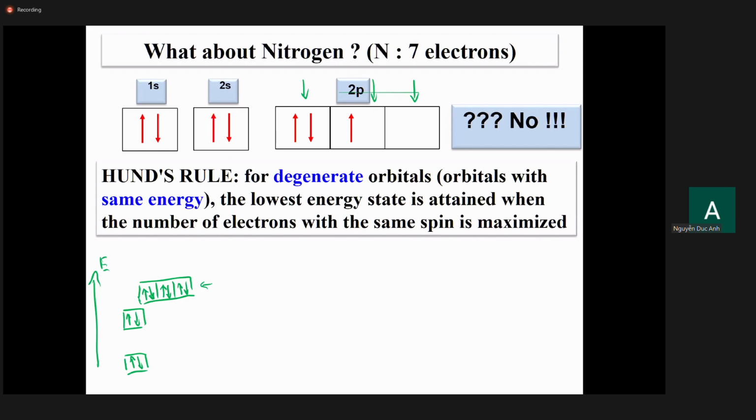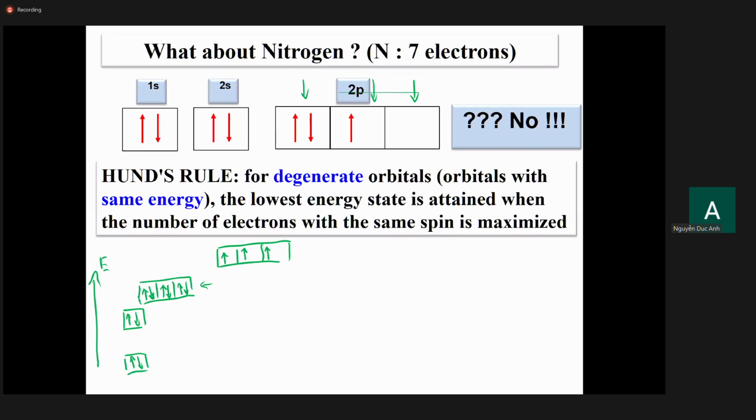Okay, as when I wrote before, in the p orbitals, the first electron will jump here with a spin of +1/2, for example. Okay, so the second electron will prefer to jump to the second orbital to increase the spin. Now you have a spin of 1, right? After that, they move here to increase the spin one more time to 1.5.